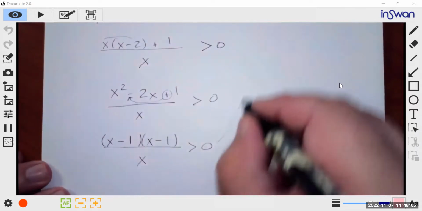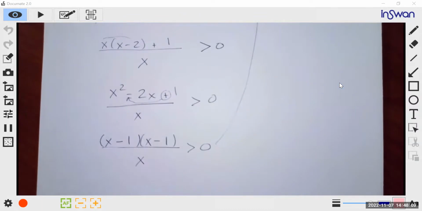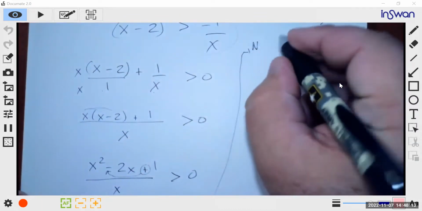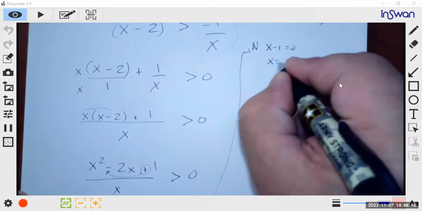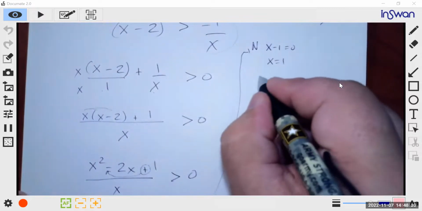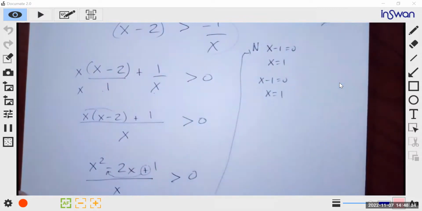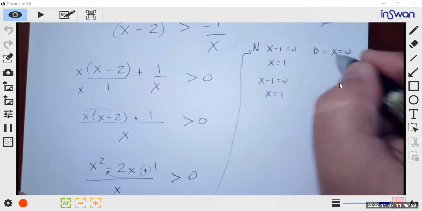All right. So now the next part of my scheme is I have to set the numerator and denominator equal to 0. x minus 1 equals 0. x equals 1. The denominator, x equals 0.